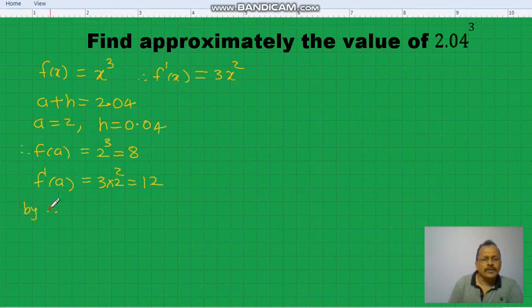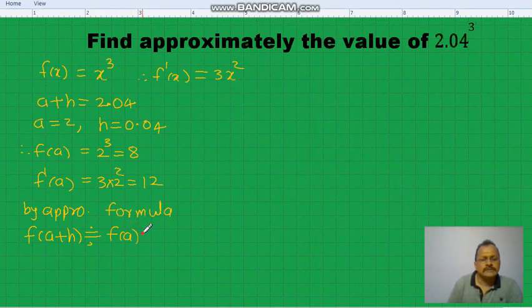By the approximation formula, f of a plus h is approximately equal to f of a plus h times f dash a.